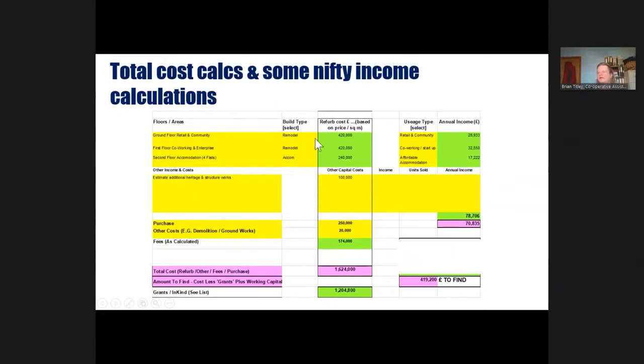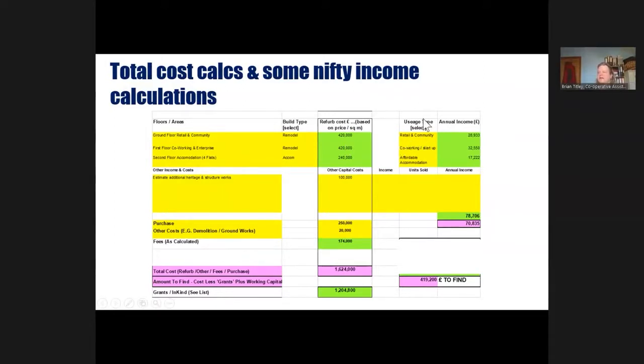So a remodel build, and it will multiply the number of square meters that you've put in by the amount it costs for remodeling, and it'll come up with a price. And likewise for the first floor and for the second floor. So you get an idea there of the likely cost which is involved.